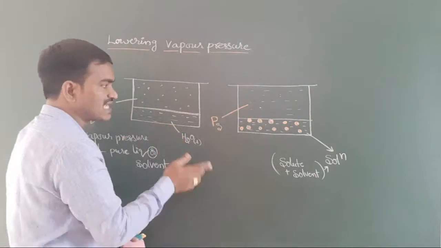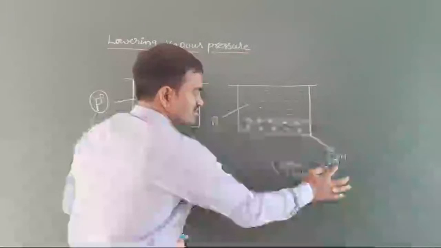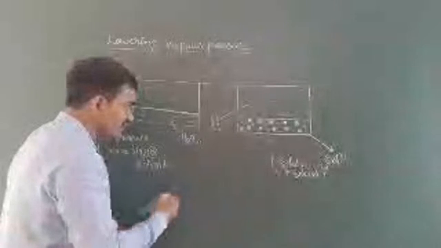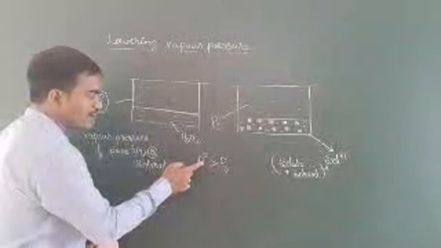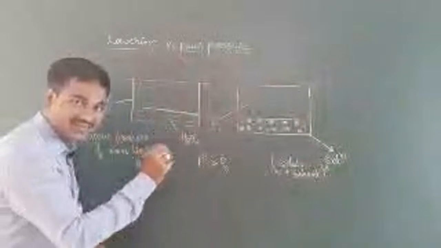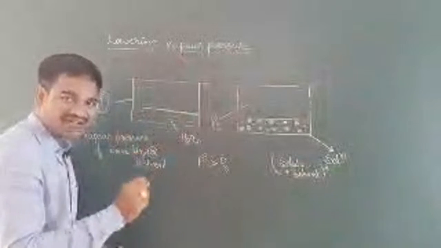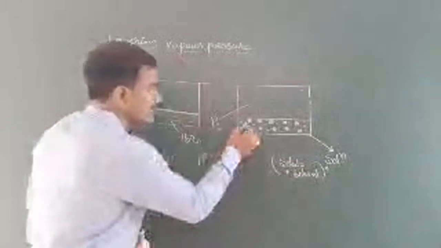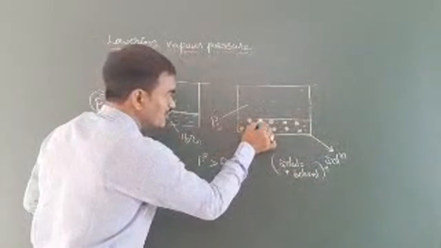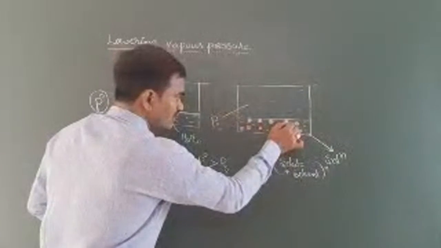After that, to this solvent we add solute, and an important point here: you see PS, which means the vapor pressure of the solution. Why, sir? What is the reason behind this? You have to have clarity here. The reason is that you added a non-volatile solute.